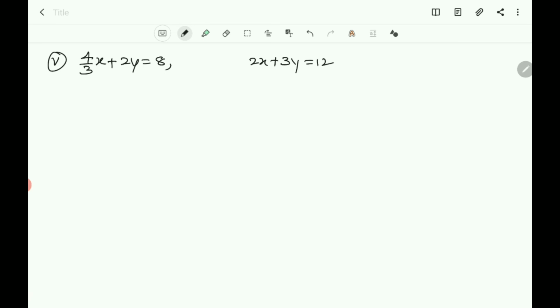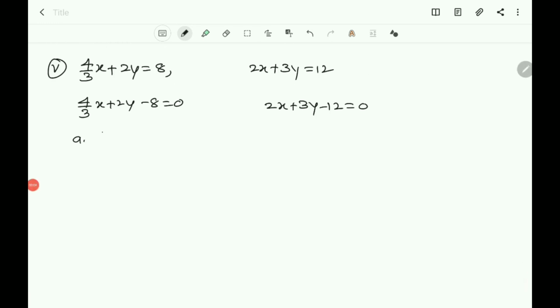Now that becomes 4 by 3x plus 2y minus 8 is equal to 0, and 2x plus 3y minus 12 is equal to 0. Then a1 is 4 by 3, b1 is 2, c1 is minus 8. Here a2 is 2, b2 is 3, c2 is minus 12.